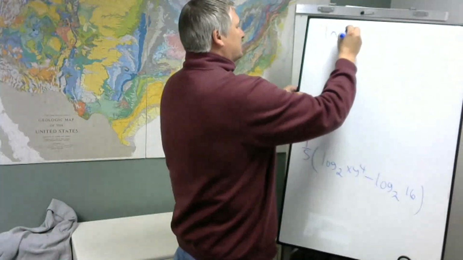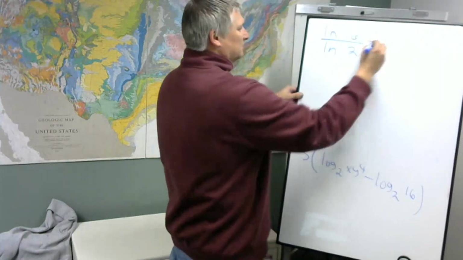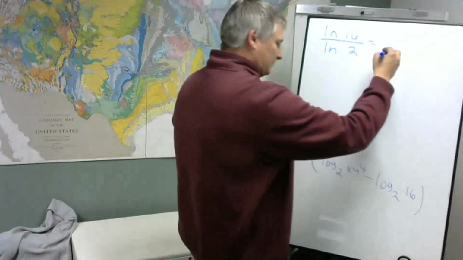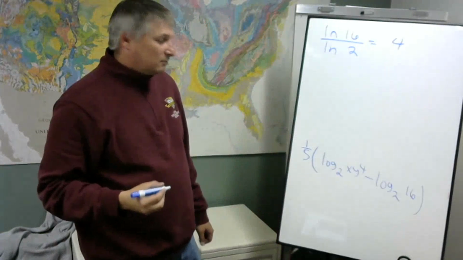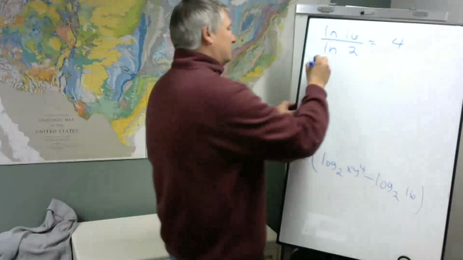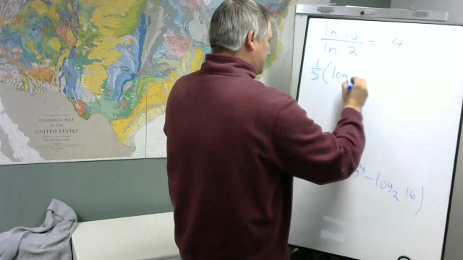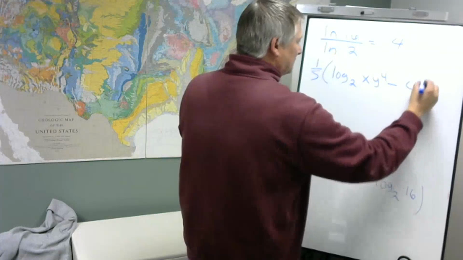Natural log 16 over natural log 2, and if you do that, you're going to get 4. Comes out to 4. Well, that's awfully nice. So 1/5 log base 2 of xy to the 4th minus 4.